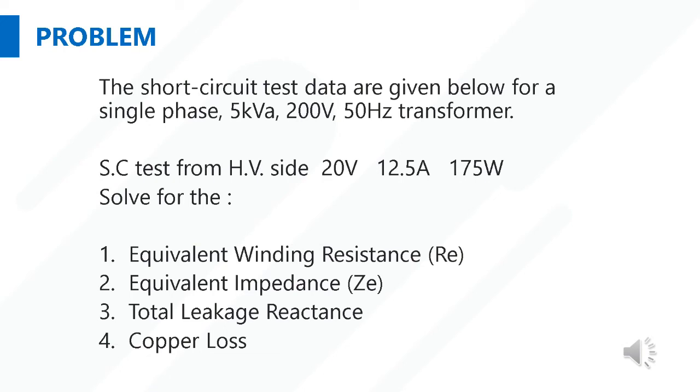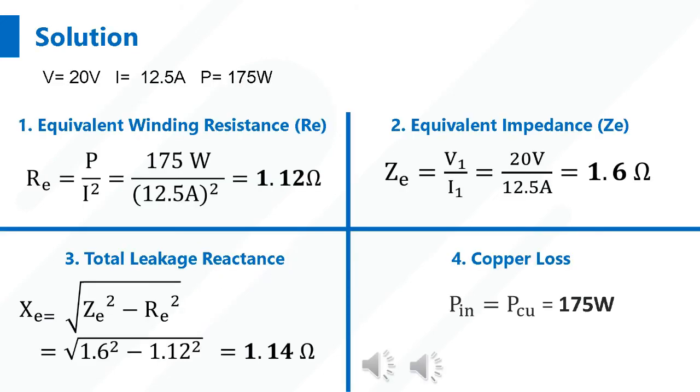So, hahanapin natin yung equivalent winding resistance, equivalent impedance, total leakage reactance, and the copper loss. So, from the formula, nung mga diniscuss ko kanina, first, let's find the equivalent winding resistance. RE is equal to the power over I squared. So, ang given na power is 175 all over the current, which is 12.5 squared, is equal to 1.12 ohms.